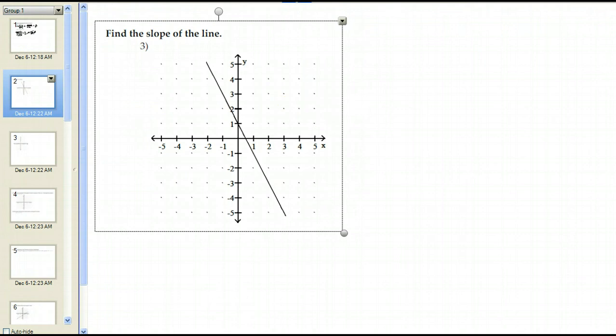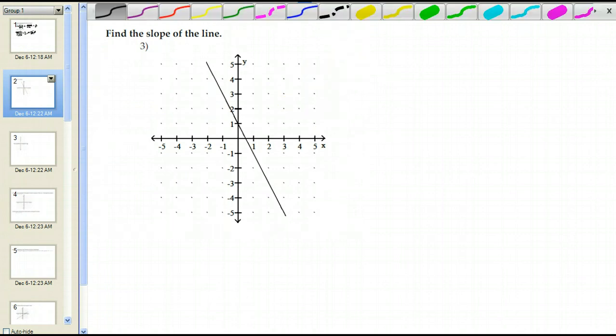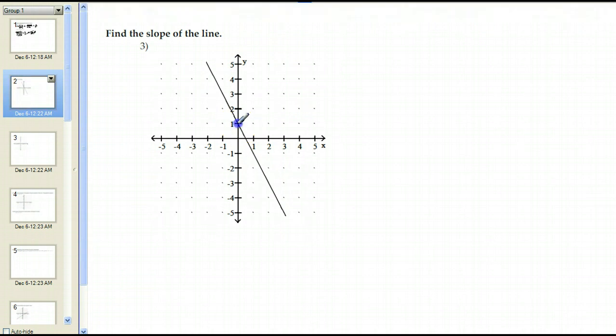Alright, find the slope of this line. So it's just very similar to what we've just been doing. 2 points that are known. There's the y-intercept. That looks like it's at 0, 1. Alright, and then another point that looks like it's on this line. Looks to me negative 1, negative 1 is on here.